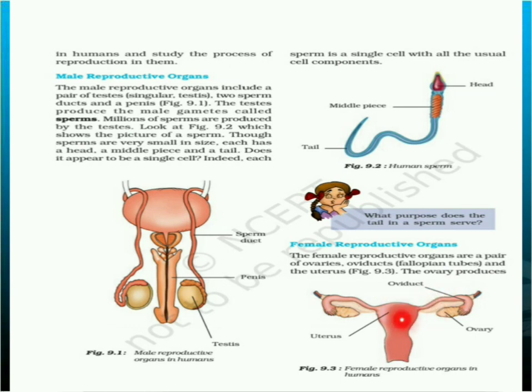This is the uterus, and the zygote grows into an embryo, and the embryo again grows into a fetus. Fetus means baby, and it comes outside from the body through the vagina. And this is about fertilization. Hope you understood. The next part will be explained later.